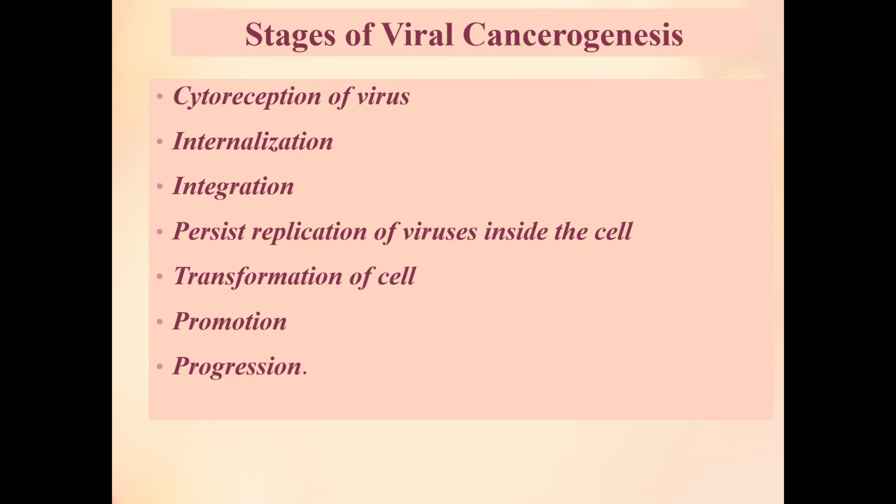And this is the central and crucial stage of viral oncogenesis. The next step is virus persistence in the cellular genome. In this case, the virus multiplies with the cell. And then cell transformation, promotion, and tumor progression are the main stages in viral carcinogenesis.